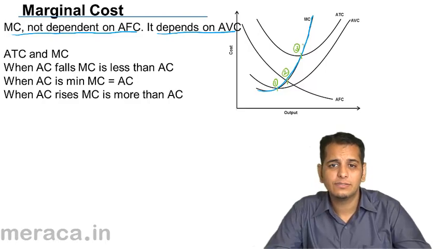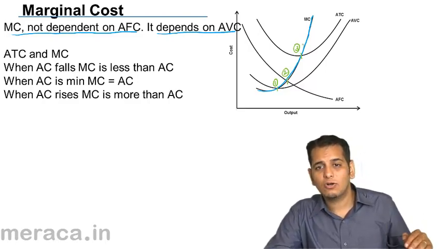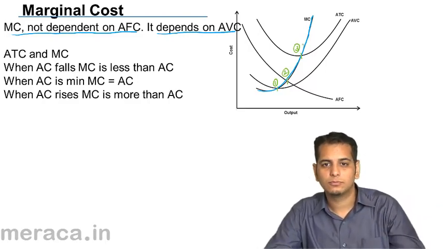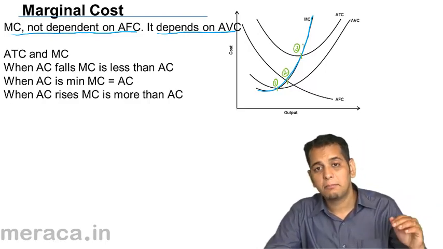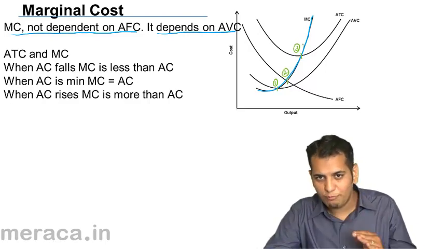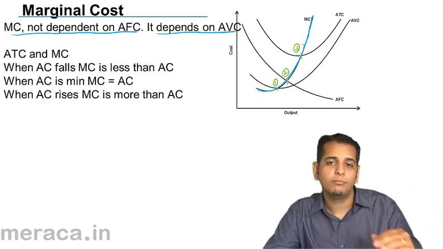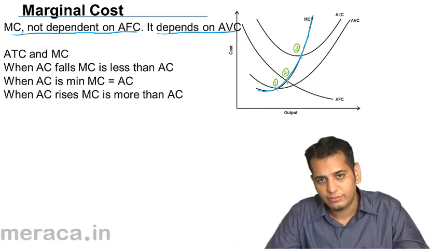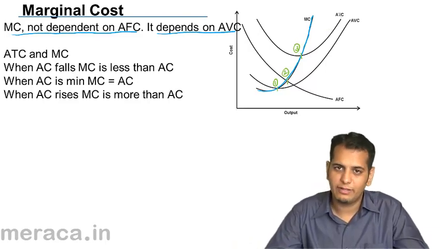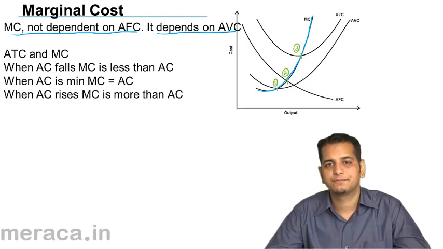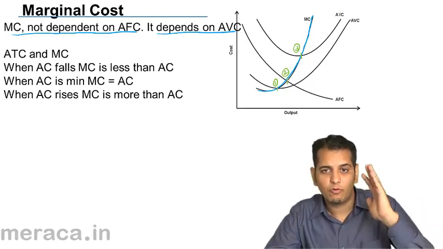In all the three cases, you can see that the marginal cost curve cuts all these curves from below. Since the marginal cost curve cuts them while it is rising, it is obvious that it will cut them from below. So in the case of average total cost, average variable cost, and average fixed cost, in all the cases, the marginal cost curve cuts them from below.